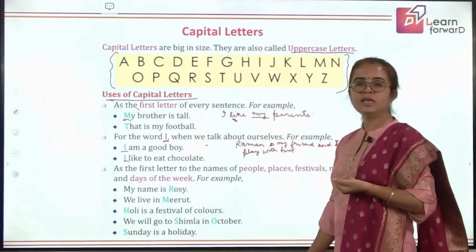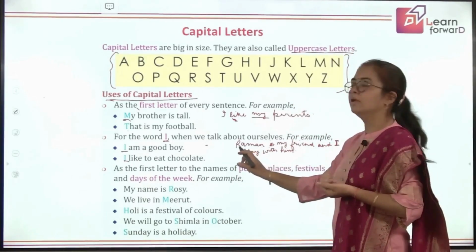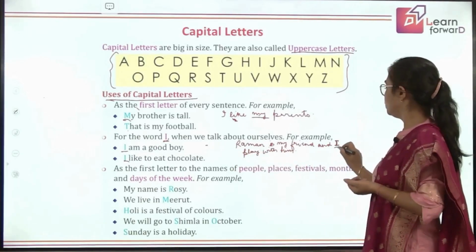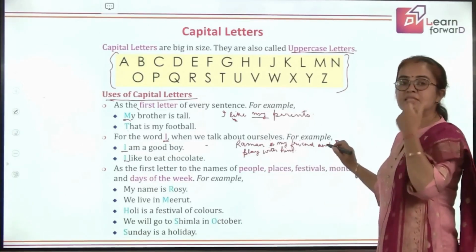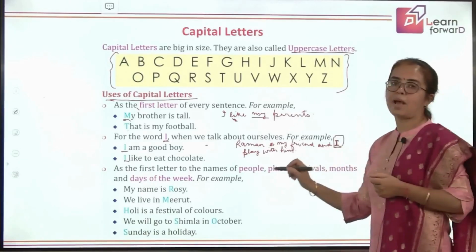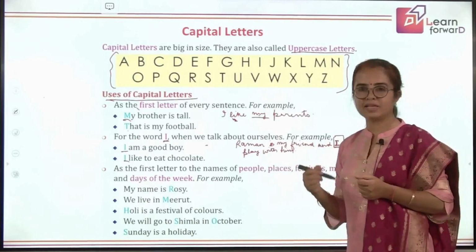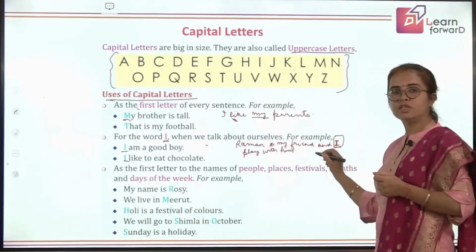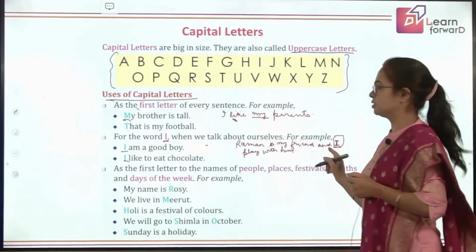Now, do you see? I have started the sentence with Raman, but I is used between the sentence. Here, I is not the beginning. Still, I am using this as capital because I am referring to myself. So, even if I is used for the speaker between the sentence, it will always be capital, right?